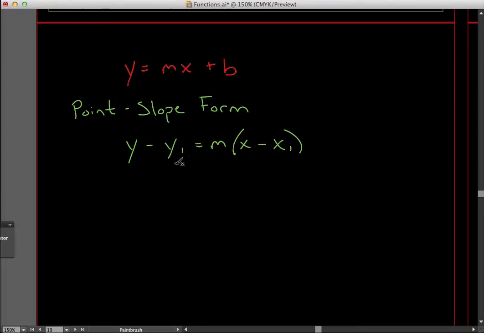This can get a little bit confusing, but x sub 1 comma y sub 1, this x sub 1 and this y sub 1, are the coordinates of a point on the line that we're trying to describe. And x and y are your independent and dependent variables.